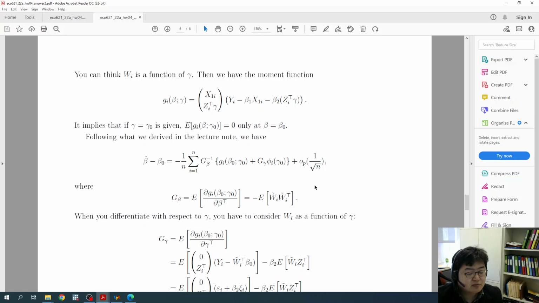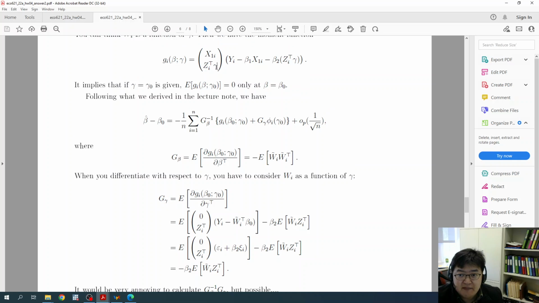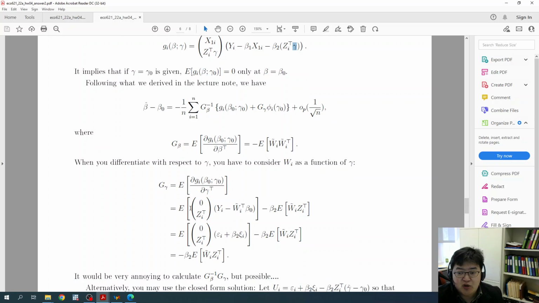So this step is pretty simple. But if you differentiate with respect to gamma, the problem here is gamma appears here and gamma appears here. You have to differentiate with respect to both of them. If you differentiate with respect to the first gamma, you get this. And if you differentiate here, then you get this, right?